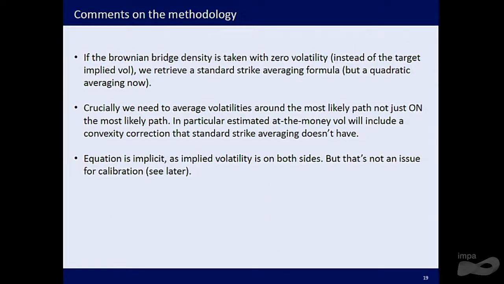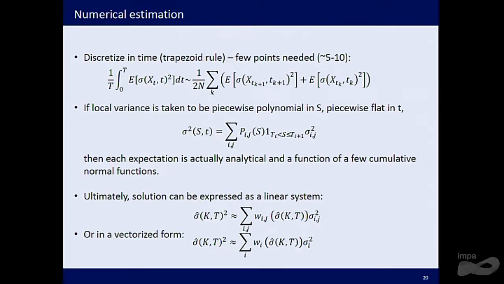And then you can do more work. I'm going to pass this. You can do more work, and ultimately you'll calculate those weights. So with some piecewise linear local vols, you can actually analytically work this out and discretize those integrals quite easily. In the end, your implied vol is an average of local vol with some weights.